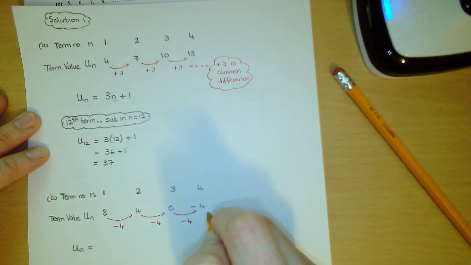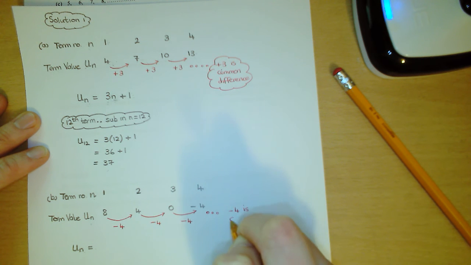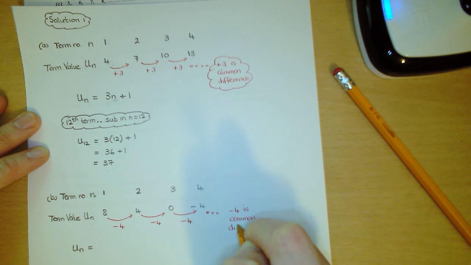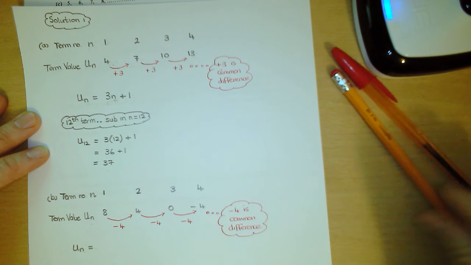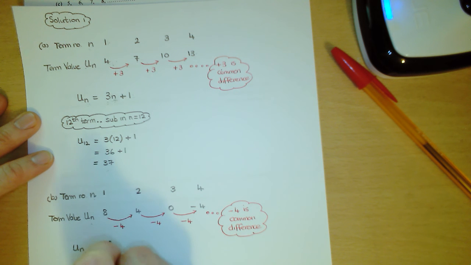So we've now worked out the common difference, and it's minus 4. The reason we get the common difference is because it tells us what the coefficient of n is going to be in our nth term formula. So the coefficient of n is going to be minus 4. So on the other side of our equal sign we write minus 4n.